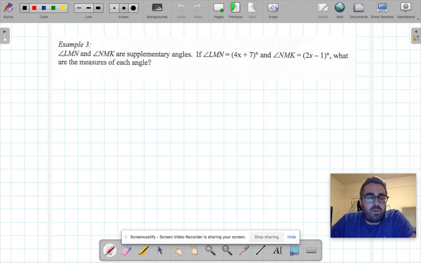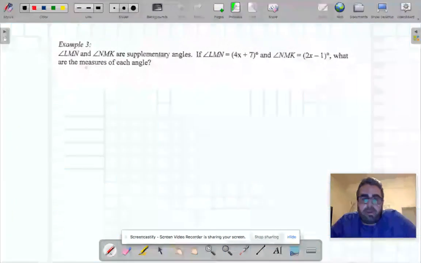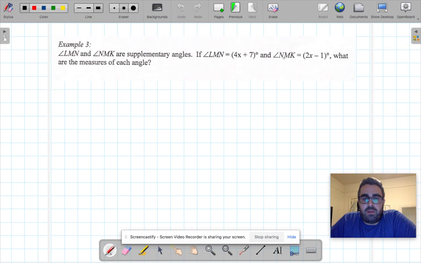So in this example, we're given that LMN and NMK are supplementary angles. If LMN is equal to 4x plus 7 and NMK is equal to 2x minus 1, what are the measures of each angle? So again, I know supplementary means equal to 180.